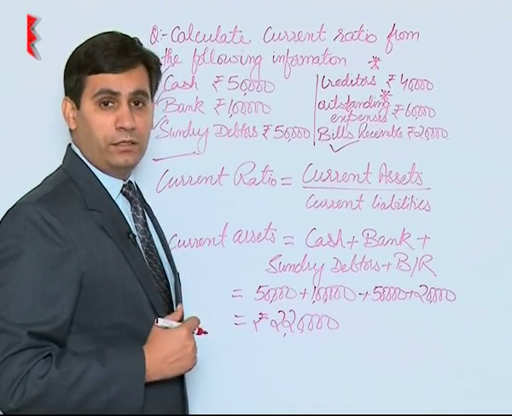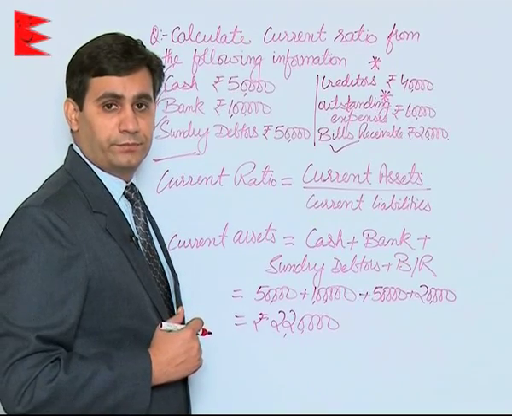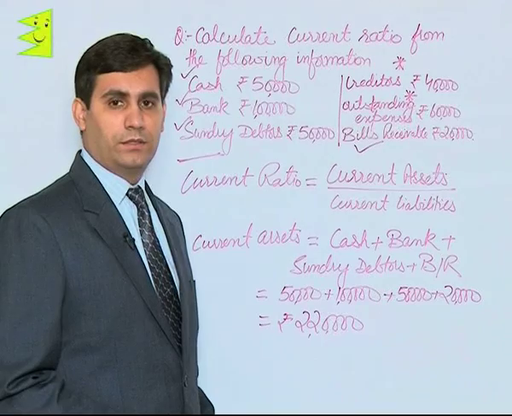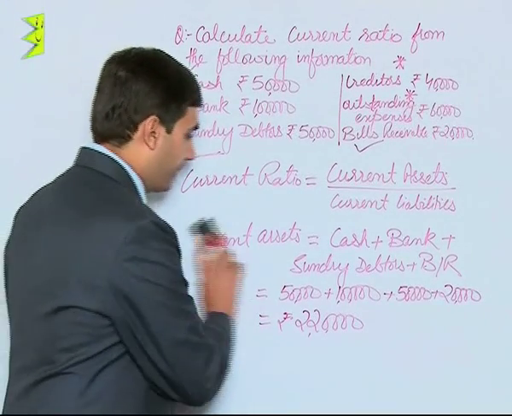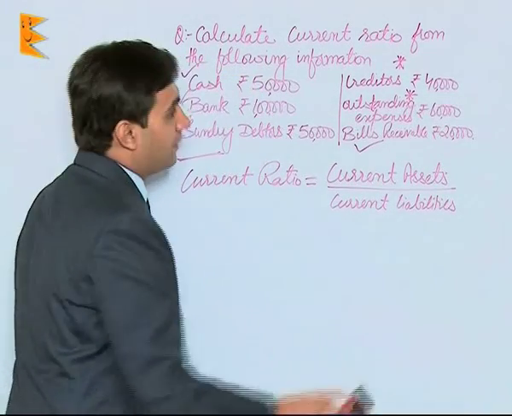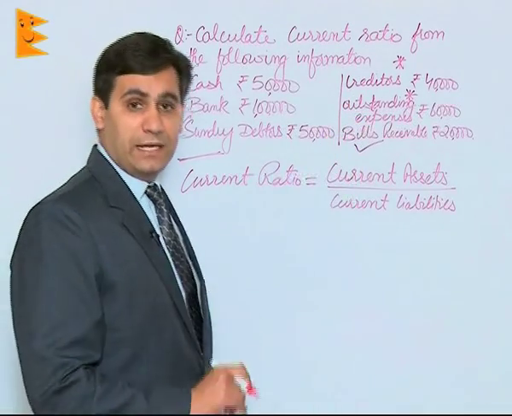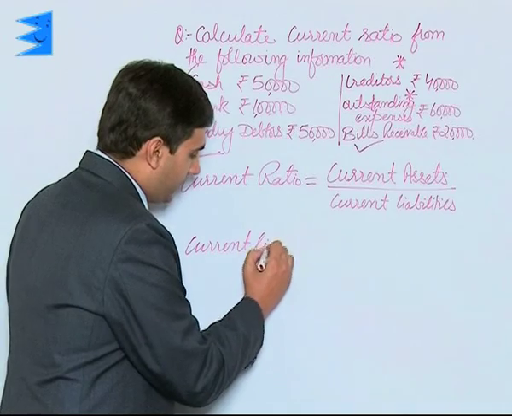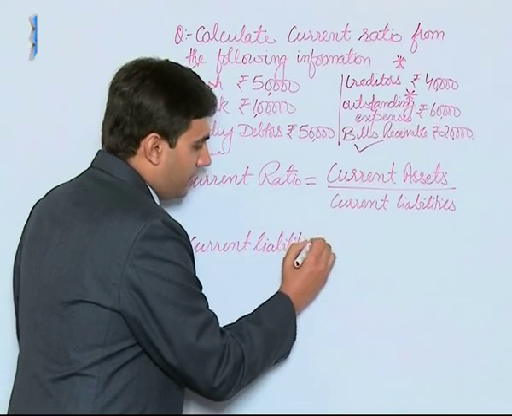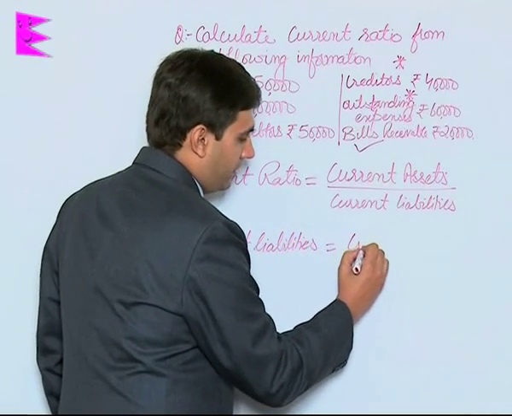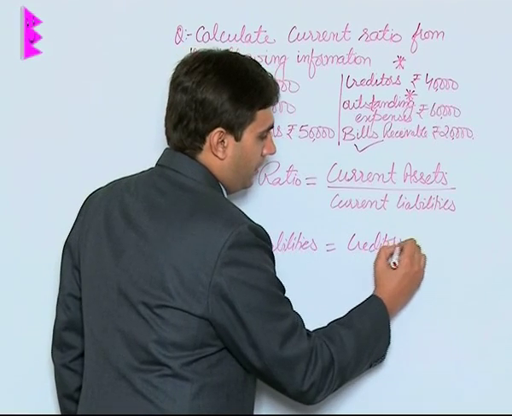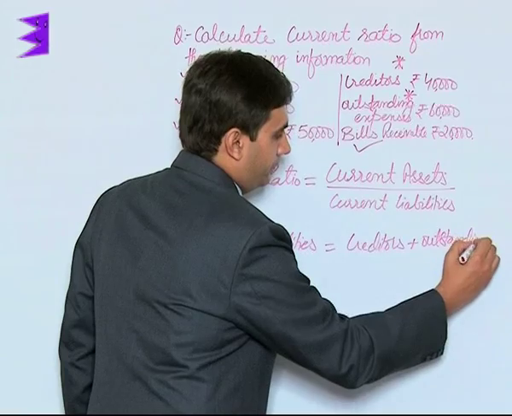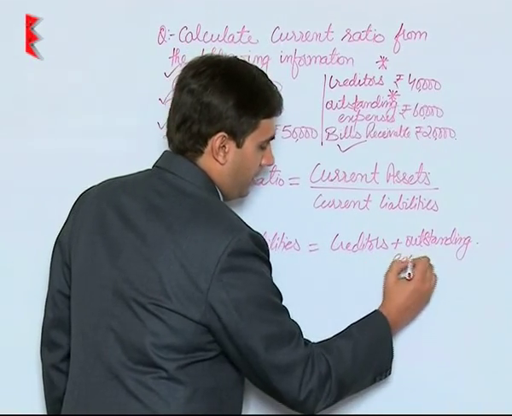Let us now calculate current liabilities. Coming to current liabilities. Current liabilities given in this question are creditors and outstanding expenses. So we can say that current liabilities for this question is a total of creditors plus outstanding expenses.